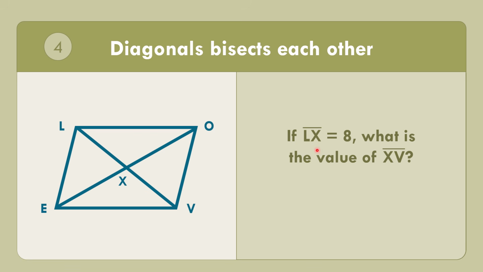If line segment LX is equal to 8, what is the value of the line segment XB? It means if line segment LX is equal to 8, line segment XB is equal to 8 because diagonals bisect each other.